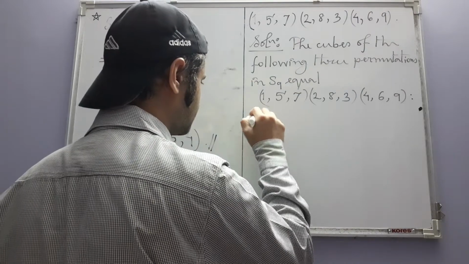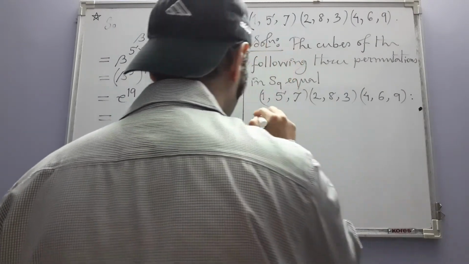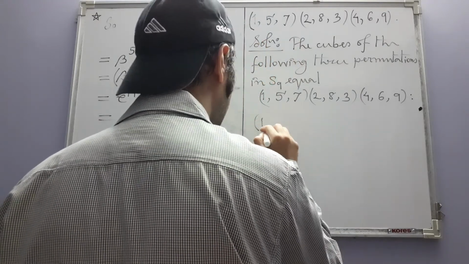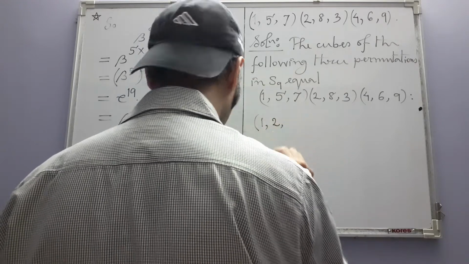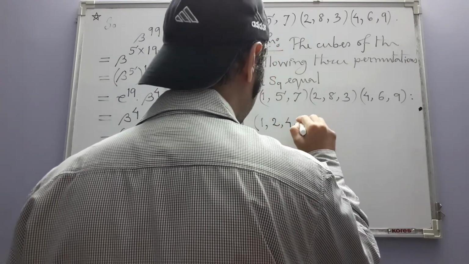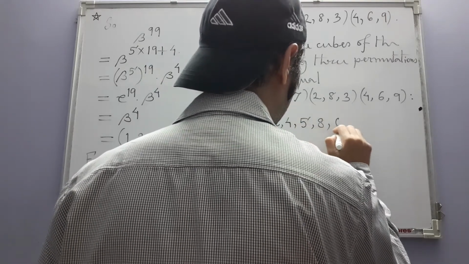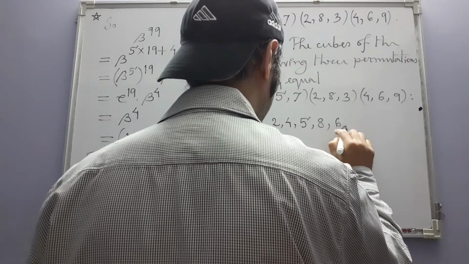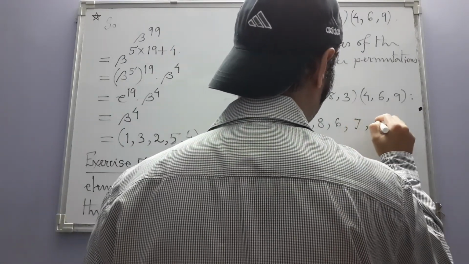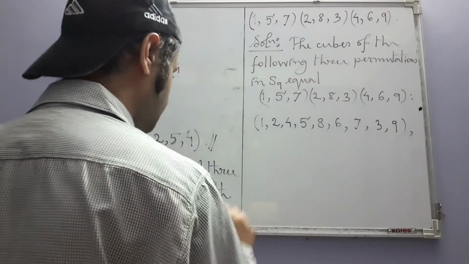So let me write the permutations, and then of course the question like the first exercise today will arise. So we will look at that. Let us just first see what one can write. 8, 6, 7, 3, 9. This is one thing.